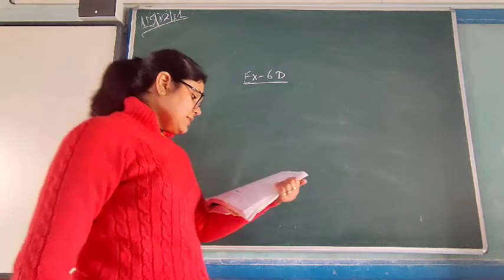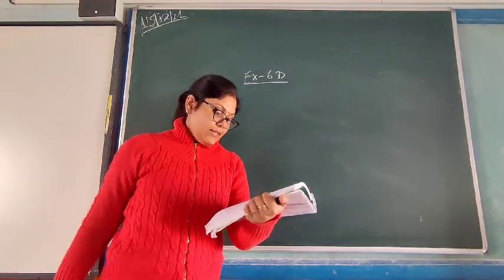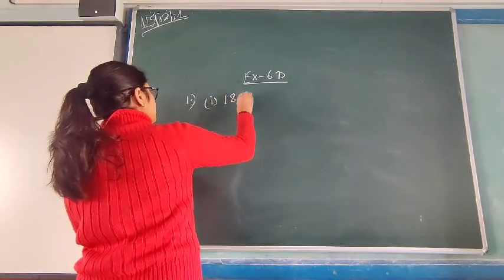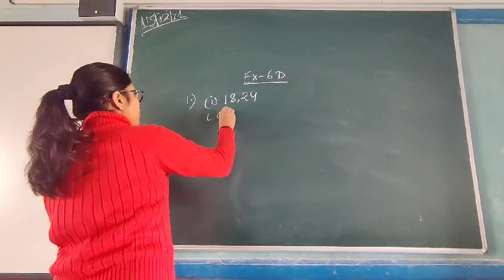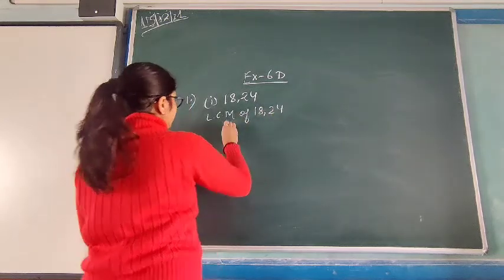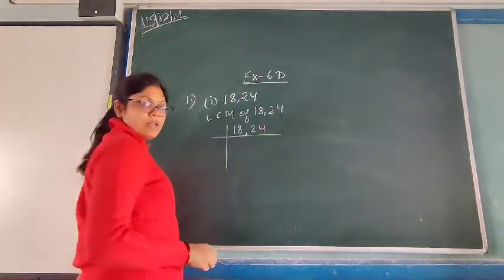How to take out LCM by the common division method. Okay, let's do the first question. First part, 18, 24. So LCM of 18 and 24. Now we will take it like this.